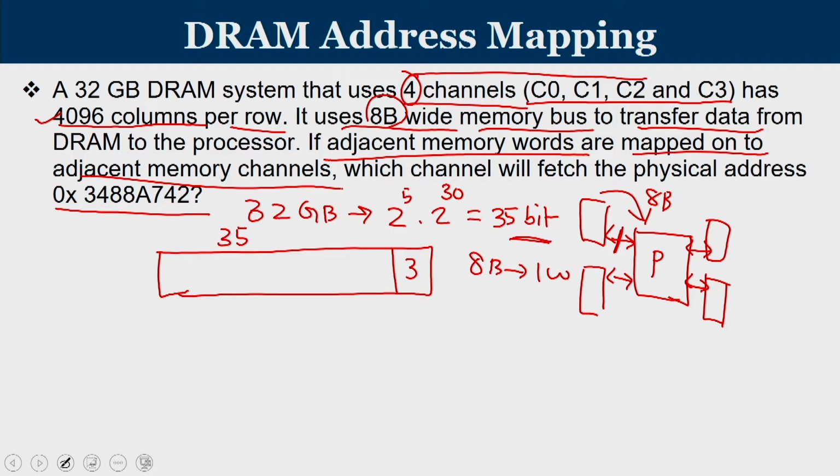Adjacent word means, let us say this is one word, the very next word will have all these bits the same except the bit immediately before the last 3 bits. That is called an adjacent word. If adjacent words are mapped onto adjacent memory channels, these 2 bits will be your channel bits, such that adjacent words are assigned to adjacent channels.